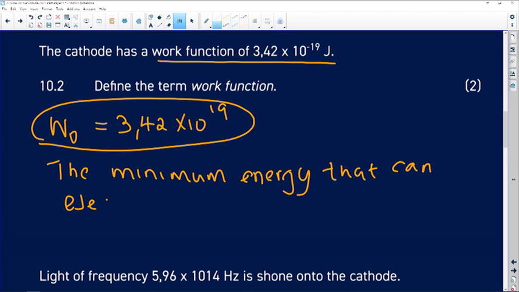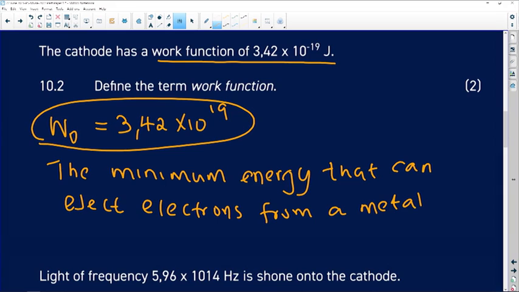You can also use remove here, you won't be penalized. Electrons from a metal surface.